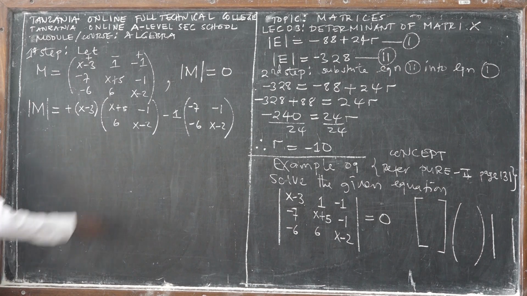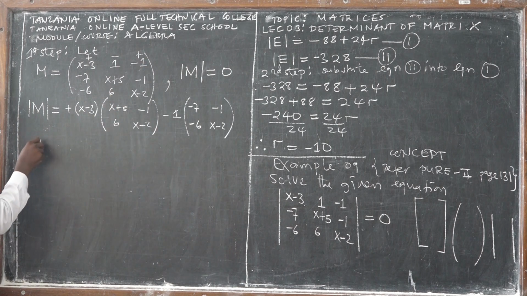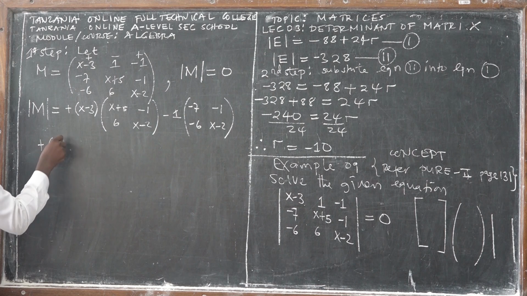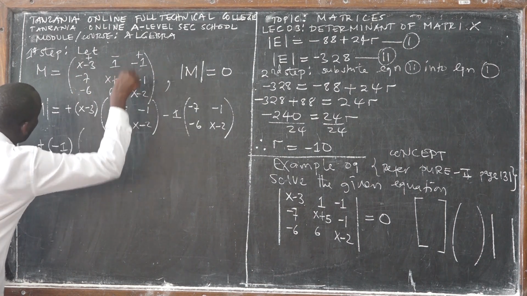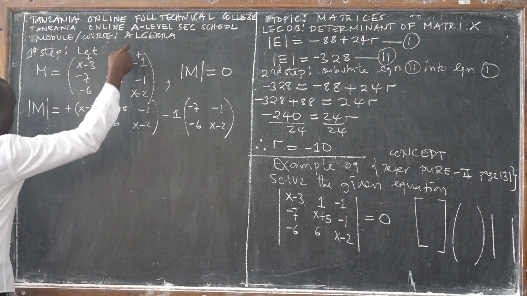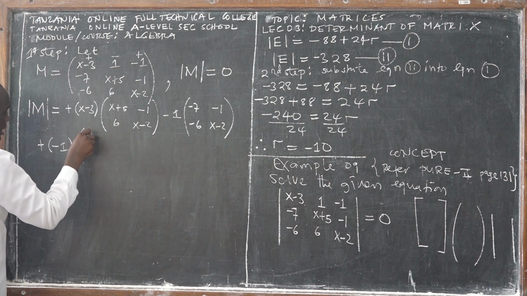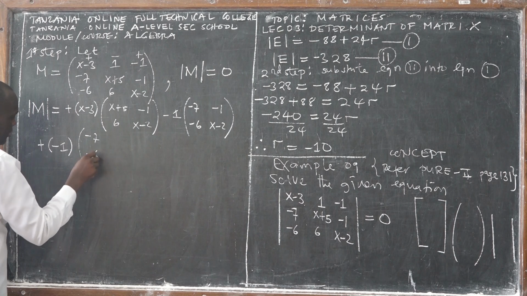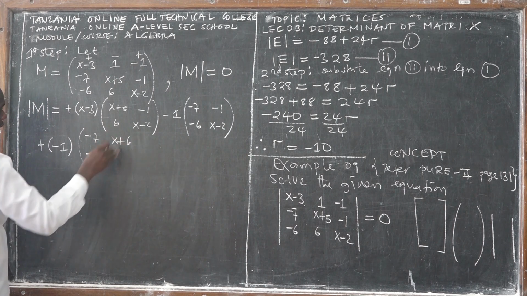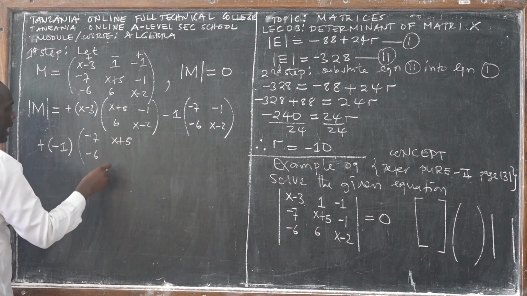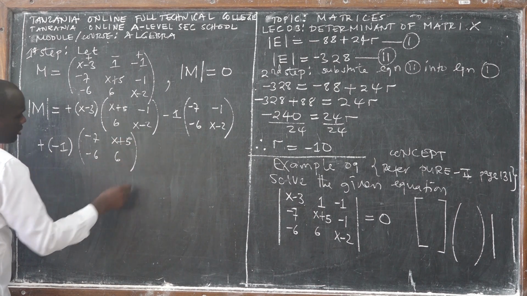Then this sign is positive, so we have plus, but the number itself is negative, so open bracket, write -1. Then we open a bracket. We delete the first row, third column. Then the elements are x plus 5, 6, just like this.